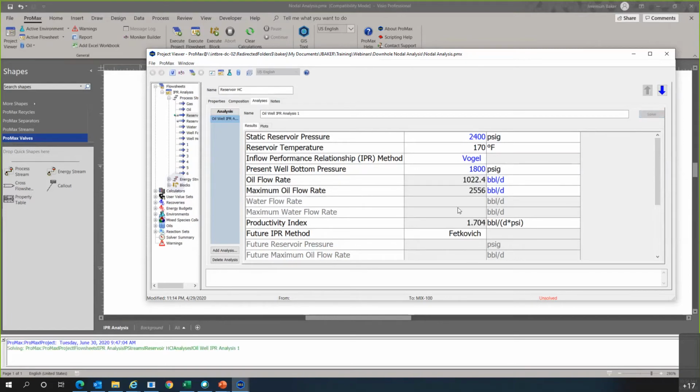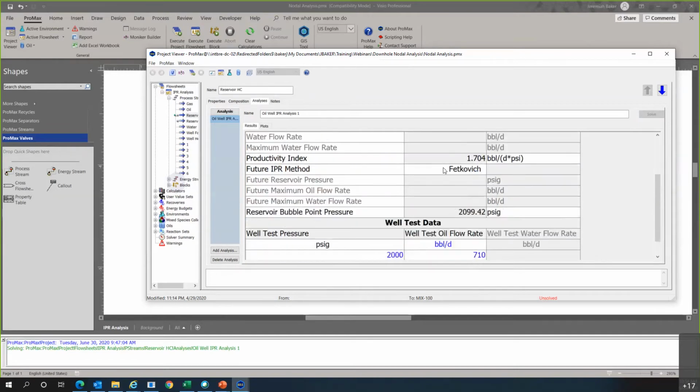I got a good question here from Ariella about the future IPR. Some of the IPR correlations used in ProMax do have a separate way to predict your future IPR. The future is looking at changing the actual reservoir pressure and how that changes the correlation itself. Not every correlation has the ability to do that or claims to have the ability to do that, and so there are only two options here for the future IPR method.